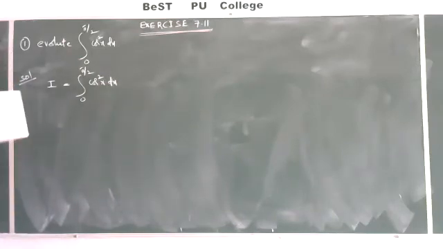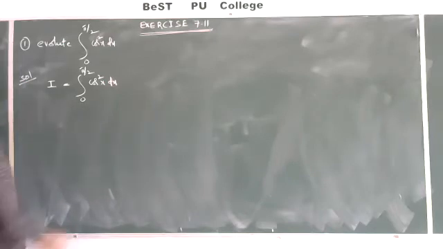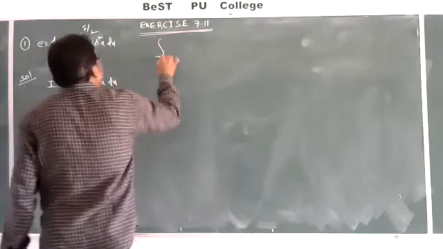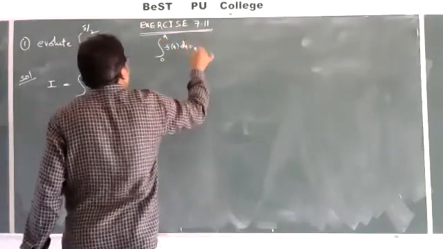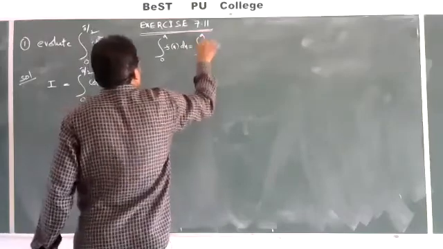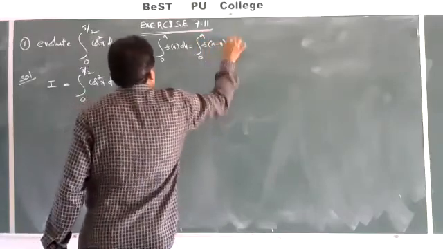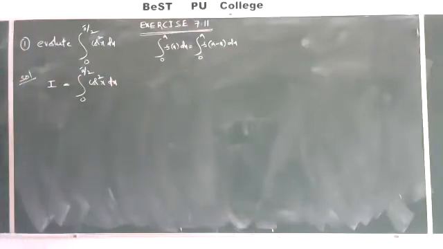Consider the given integral as I. You remember this property: the integral from 0 to a of f of x dx is equal to the integral from 0 to a of f of a minus x dx. That is the fourth property.